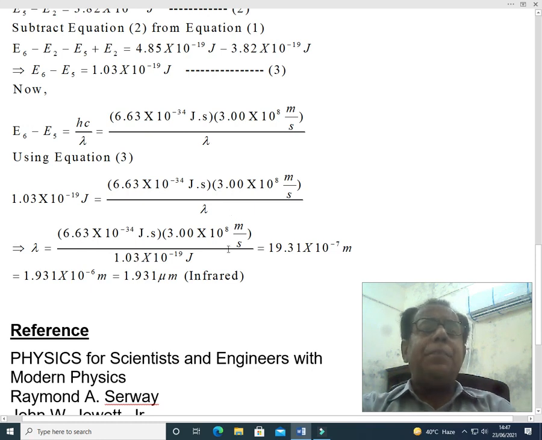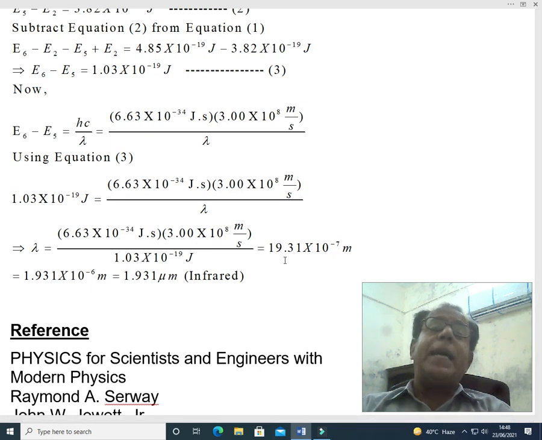So from here, lambda, on being shifted to the other side of the equality, will become the numerator. Lambda equals Planck's constant into the value of the speed of light c divided by 1.03 into 10 raised to the power minus 19 joule, which becomes equal to 19.31.